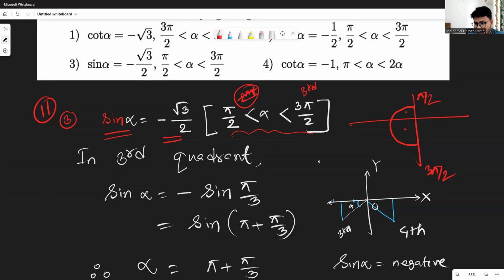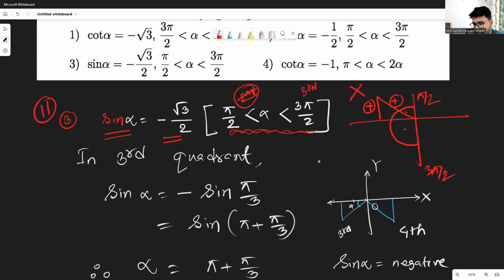But in the second quadrant, sine is always positive, because this is plus, this is plus. That's why this is not acceptable. According to the given angle, we see two quadrants. But according to the value, sin theta is negative.